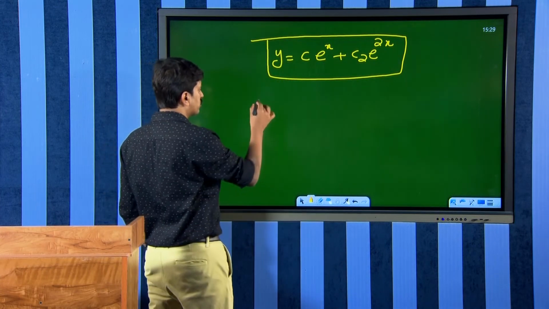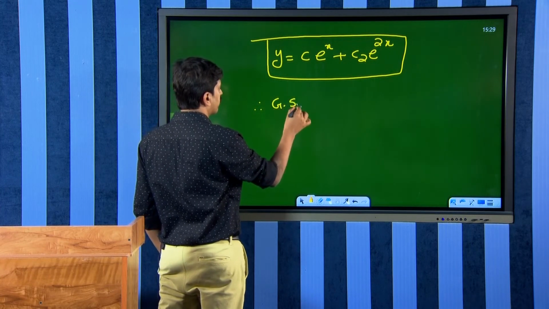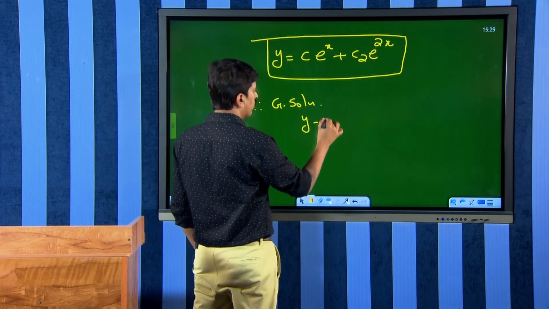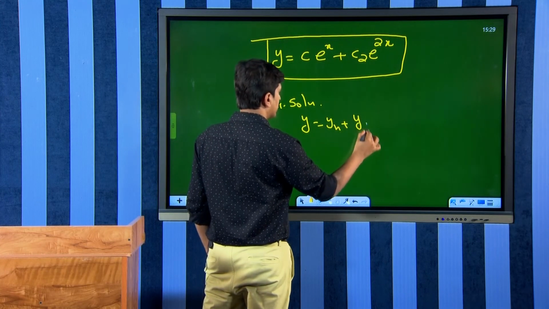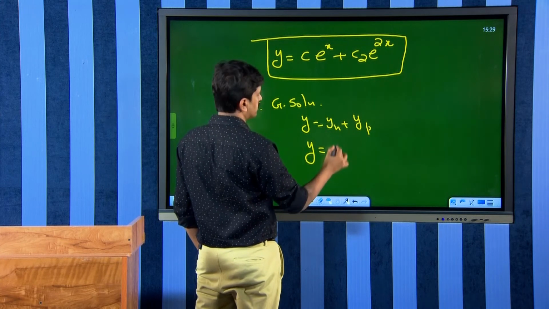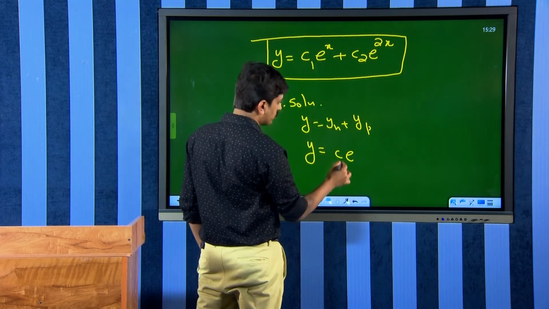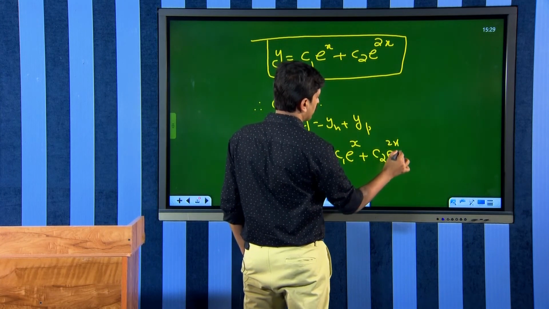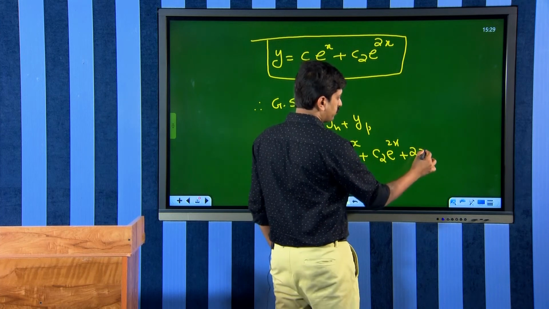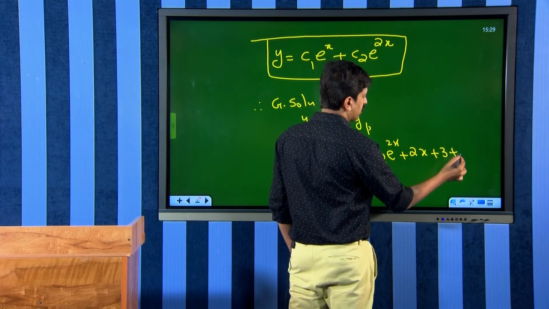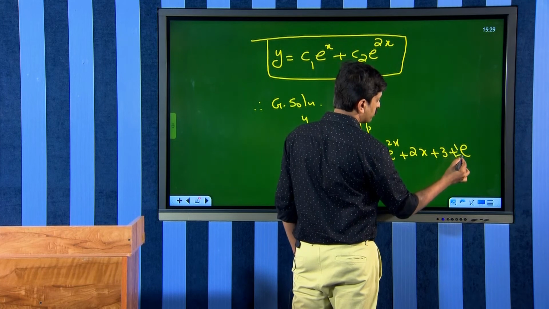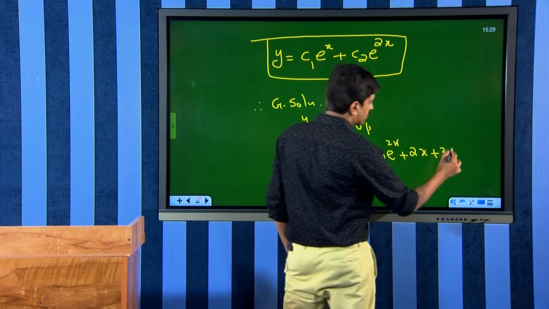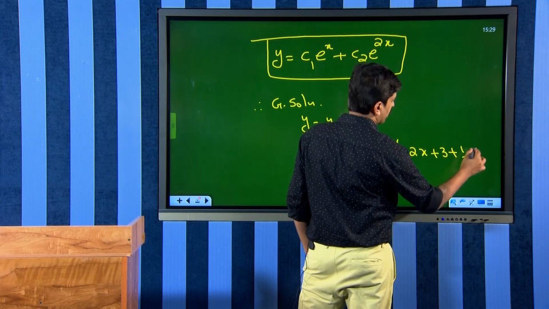Now the general solution of the given non-homogeneous equation is y is equal to YH plus YP. Therefore, y is equal to C1 e raised to x plus C2 e raised to 2x plus 2x plus 3 plus 1 by 2 e raised to 3x.